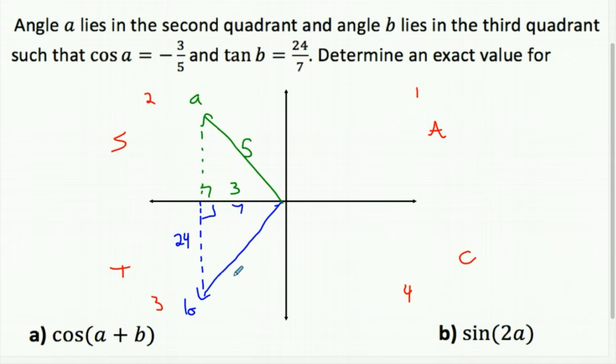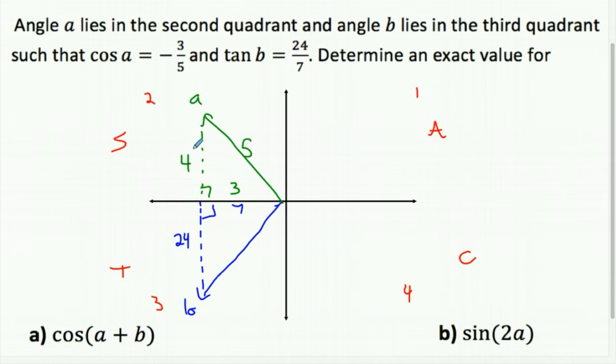Since I have two right triangles with two sides given, I could use the Pythagorean theorem to figure out the missing side. What I have here are Pythagorean triples actually. I could do 5 squared minus 3 squared, which would give me 16, and then square root that would give me 4.